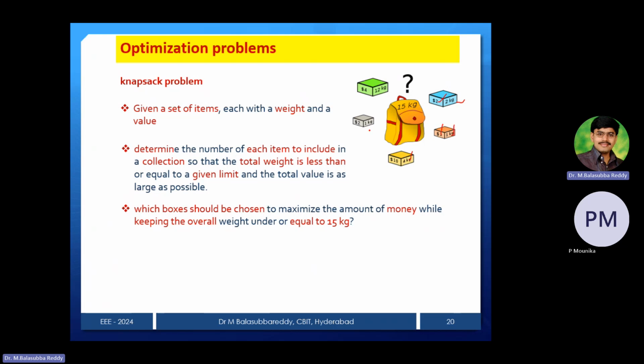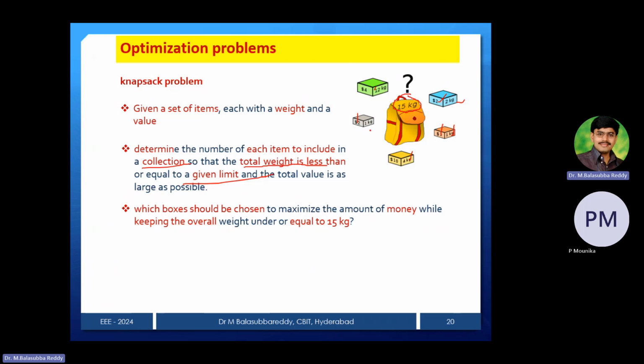Then another item with weight and cost is mentioned. We need to determine the number of each item to be included in the collection so that the total weight is less than or equal to a given limit. Our limit here is 15 kg only.